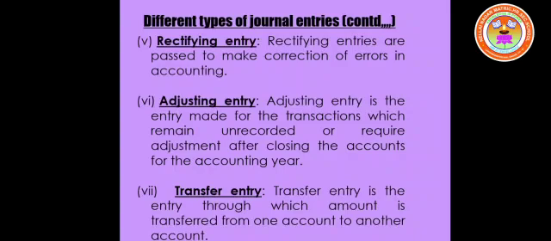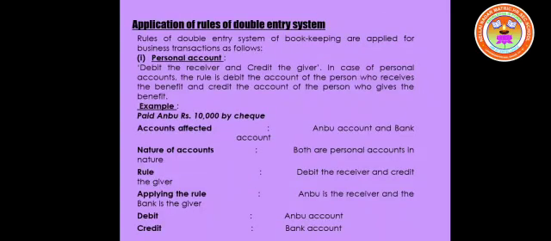Shall we see how we can apply the rules of double entry system in the transaction? First one, personal account. Personal account rule is debit the receiver and credit the giver.